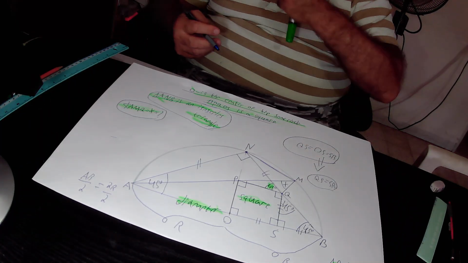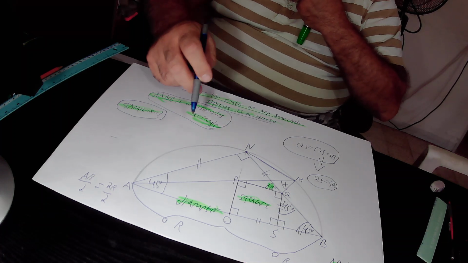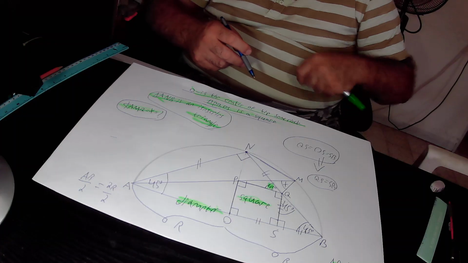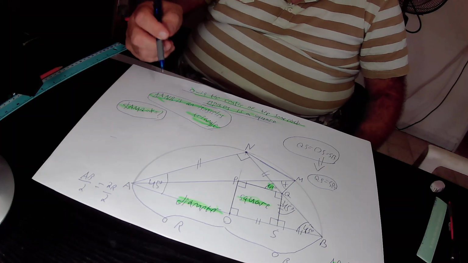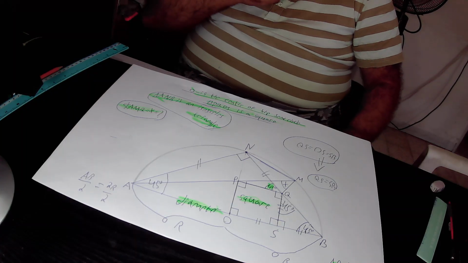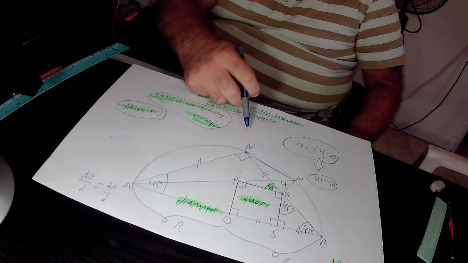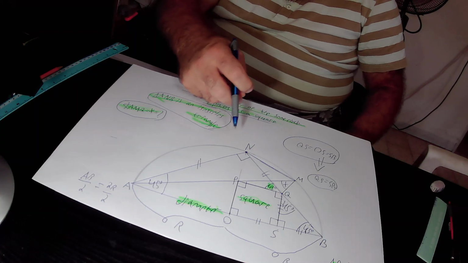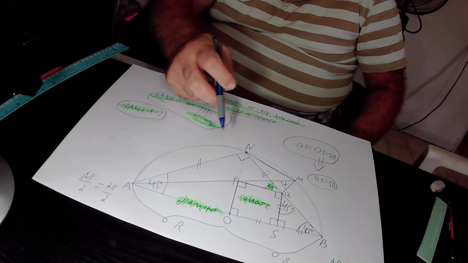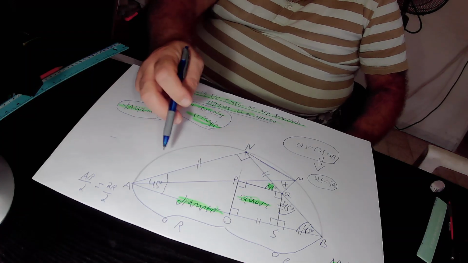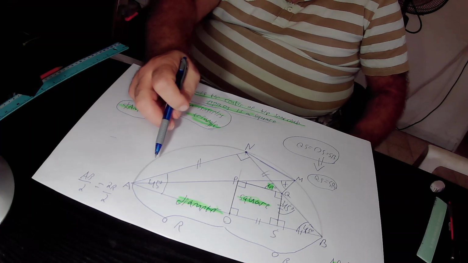But the question is where the perpendicular from point N will touch the base AB. The perpendicular from point N bisects the base AB according to Rule 24. That is to say, the perpendicular must touch the base AB at its midpoint, because it bisects the base AB. What is the midpoint of AB?